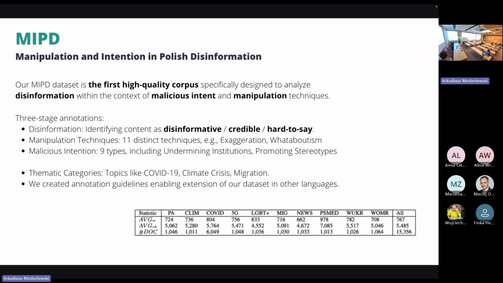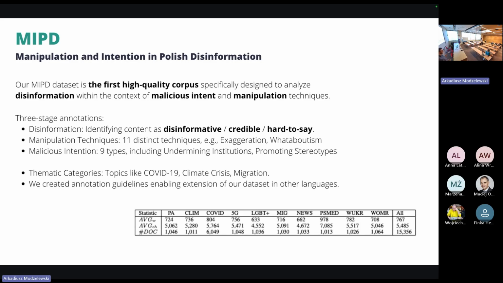difficult also. There were many stages of our annotation process, but the main stage of annotation was to annotate disinformation, and the labels we had for this annotation were disinformation, credible information, and hard to say.